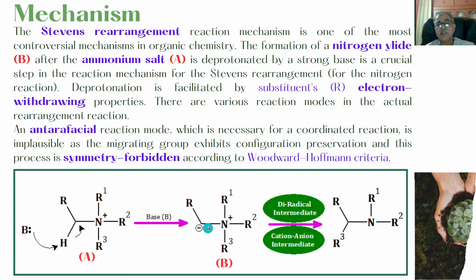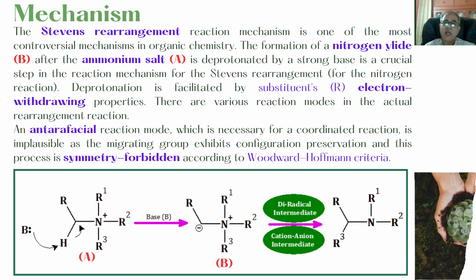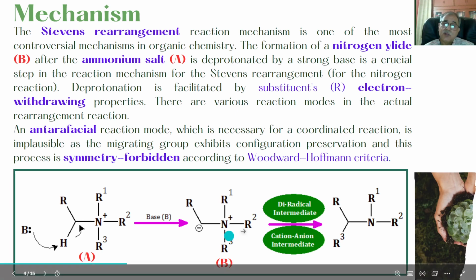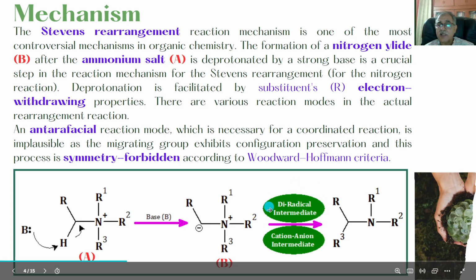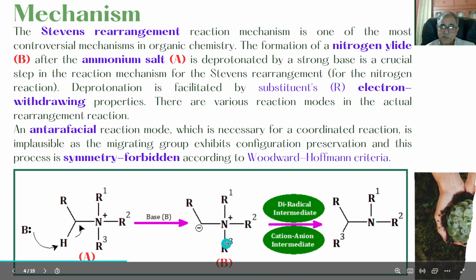where adjacent to this negative charge we have a positively charged nitrogen atom. So you can say that we will get nitrogen ylides as the intermediate, and these nitrogen ylides then, either through a diradical mechanism or through a cationic-anionic intermediate, are converted into these types of tertiary amines, wherein one of the groups present on the nitrogen is shifted to the adjacent carbon.